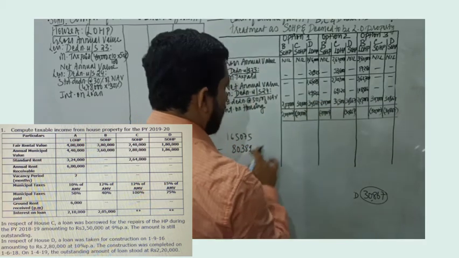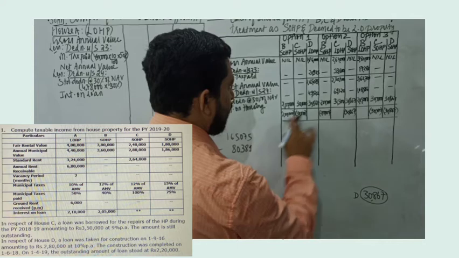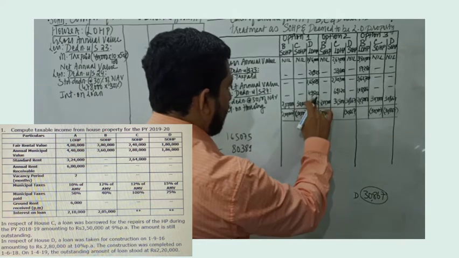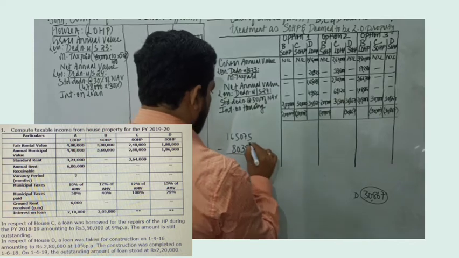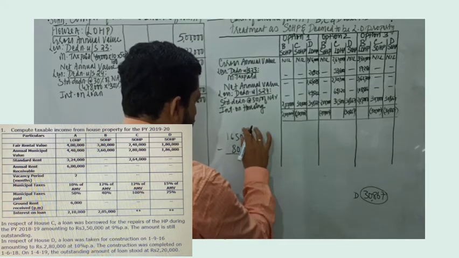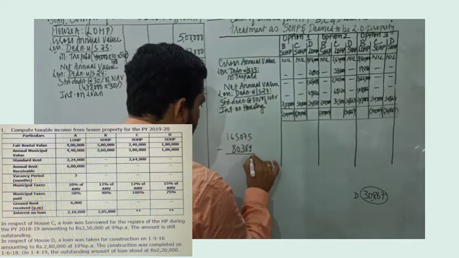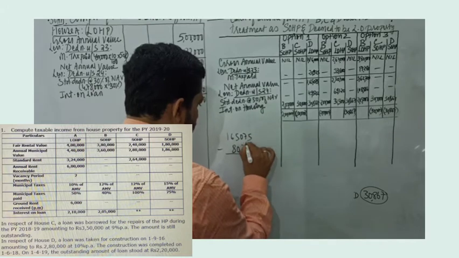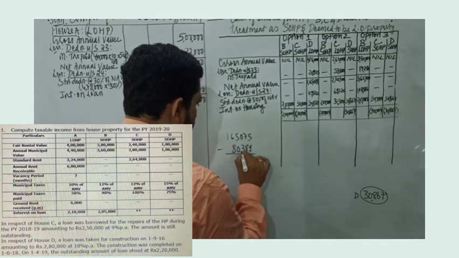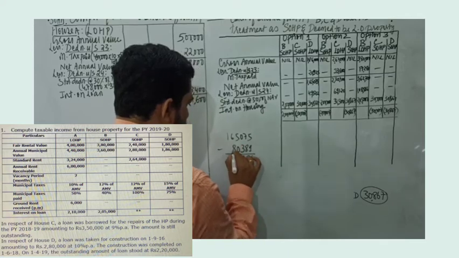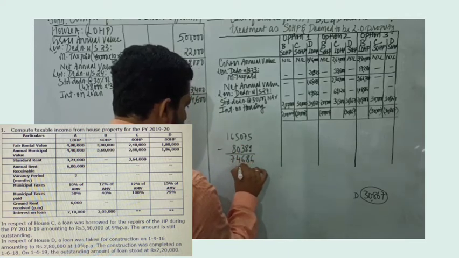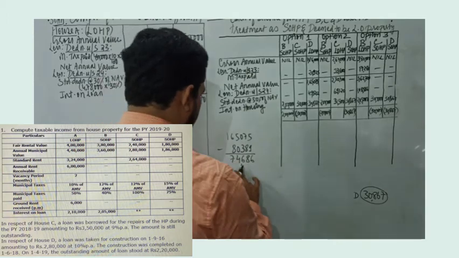So 7 plus 2 is 9, 6 plus 2 is 8, 8 plus 5 is 13, 1, 10, 9 plus 1 is 10, 0, 1, 5, 6, 7, 8. So 80,389. So if I subtract, 15 minus 9 is 6, 16 minus 8 is 8, 9 minus 3 is 6, 4 minus 0 is 4, and 15 minus 8 is 7.